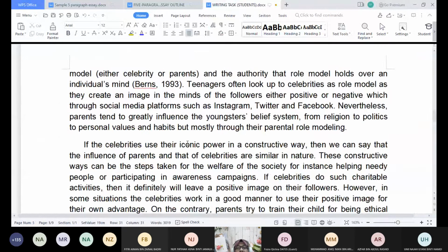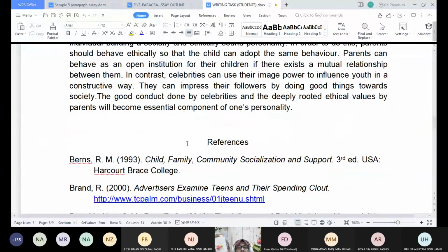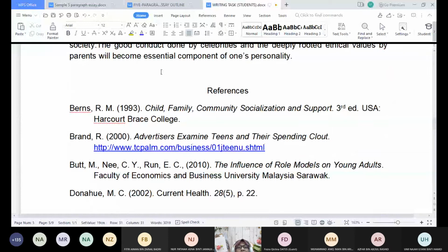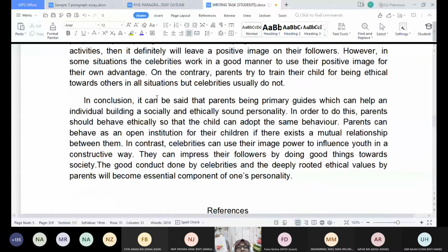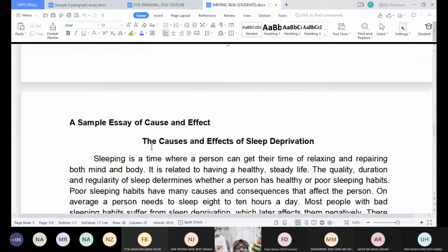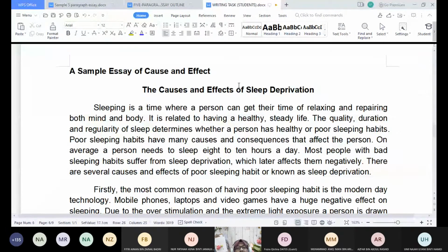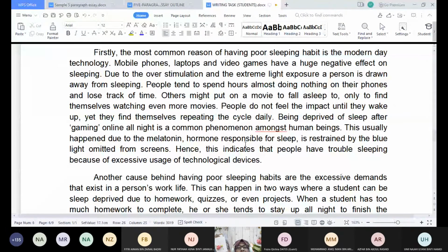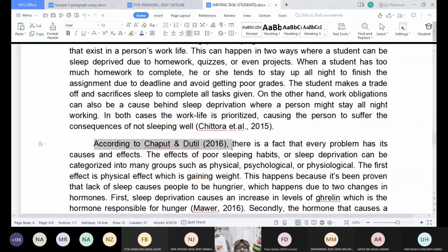You can study this later on. And the last one after the conclusion, in conclusion, and so on. Now the references, this is APA style. You have the name, then the title of the book maybe, or you have the website address.